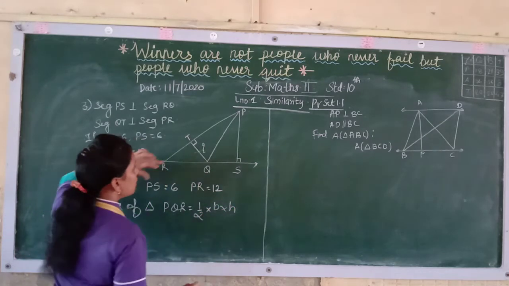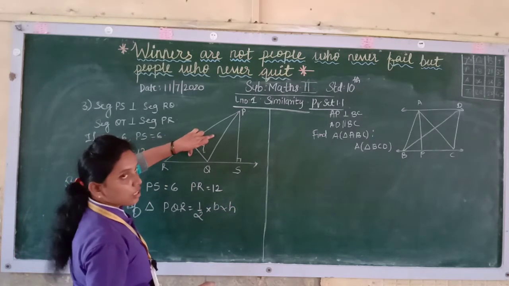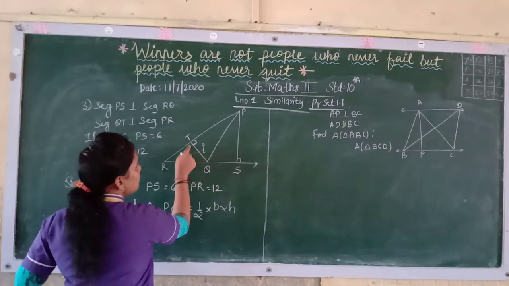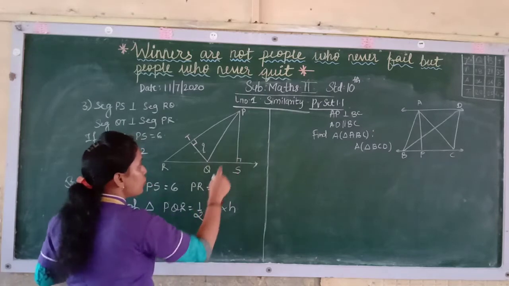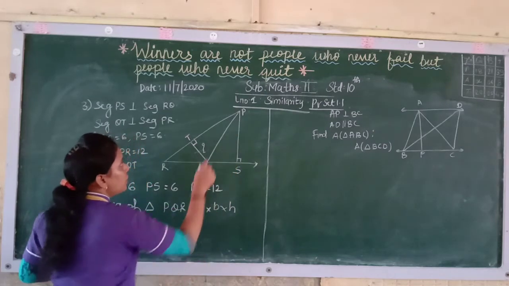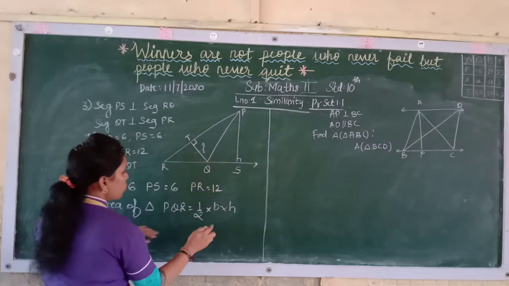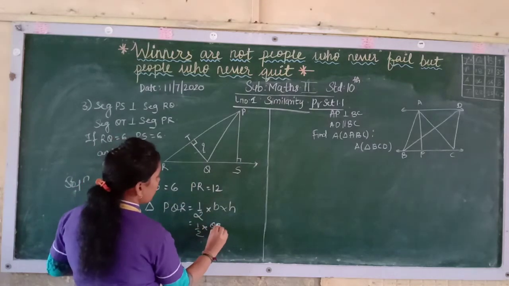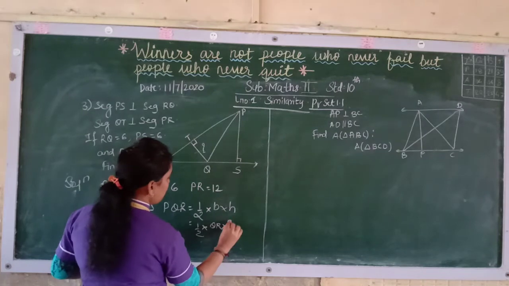But this triangle PQR has two heights. One height is inside and one height is outside. So first we will consider the outside height. So here it will be half into base QR into height PS.